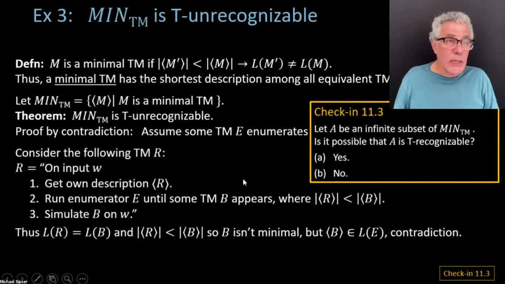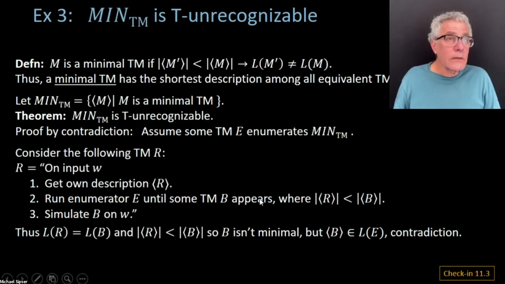Its size does not depend on B. I mean, it depends on E, because it's going to be simulating E. But E might be producing very, very long strings. Eventually it will. So E is fixed, and R's size is fixed. So eventually R will find a machine that's bigger than it is. But let's look at it.